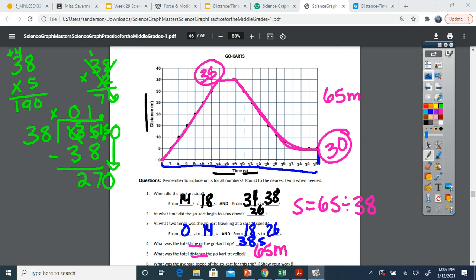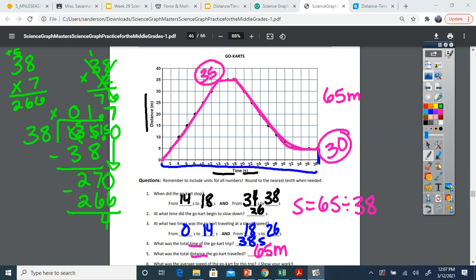So we can go in more than 5 times. Let's try 7. 266. So if I did another 38, I would definitely go over 270. So it can go in 7 times. 7 times 38 is 266. Subtract and get 4.